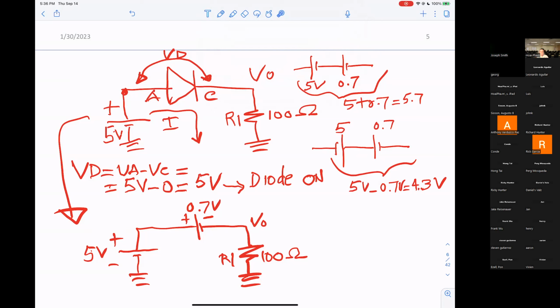Okay, they're talking about power supply connect in series. So now V out here will be equal what? 5 volt minus 4.3.